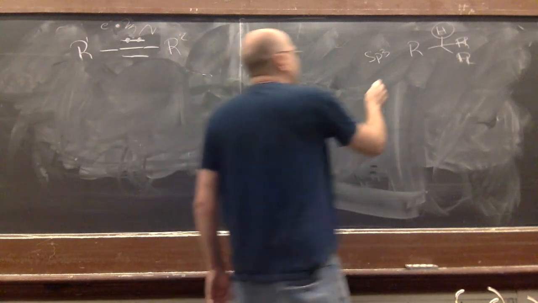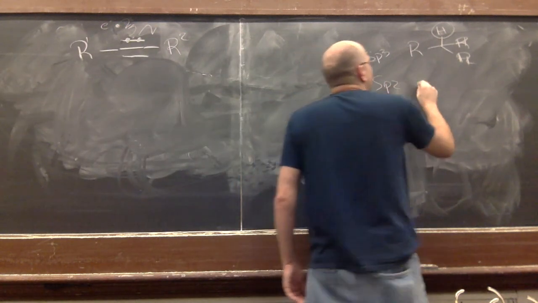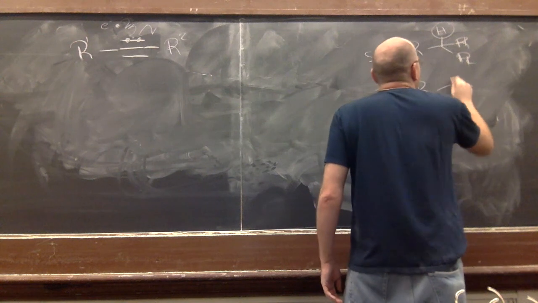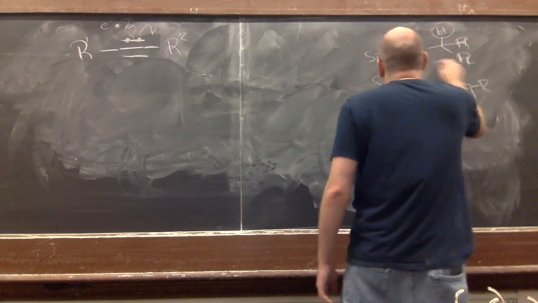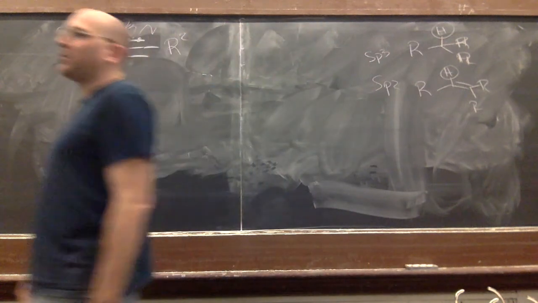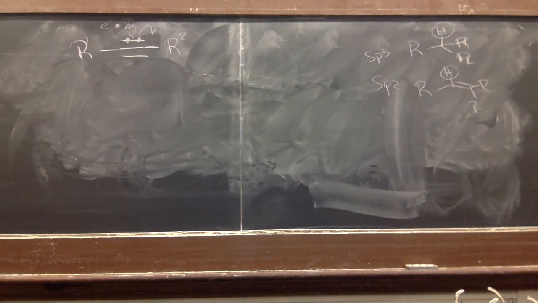And if we have an sp2, where we have maybe a double bond, that's a little bit more acidic, but it's also really not very acidic, right? It's maybe the high 40s or maybe still low 50s. I don't remember the specific numbers.